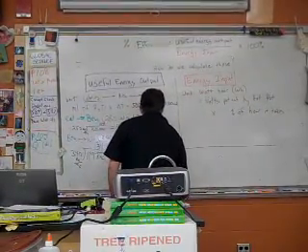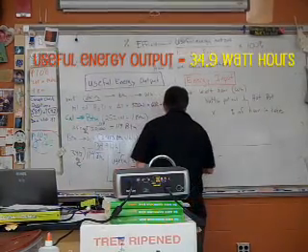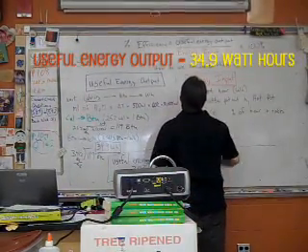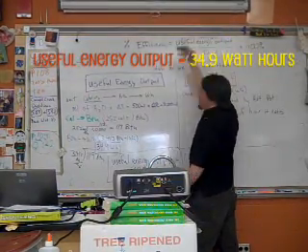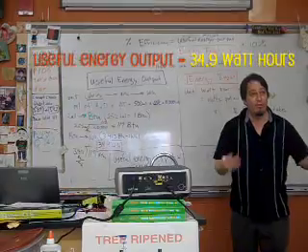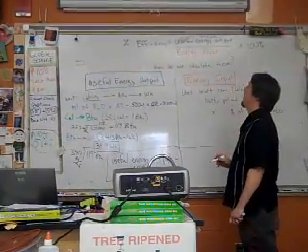In this calculation, that's going to go up here: 34.9 watt hours. Your numbers will be slightly different. I'm just showing that's how we get the part that goes on top.